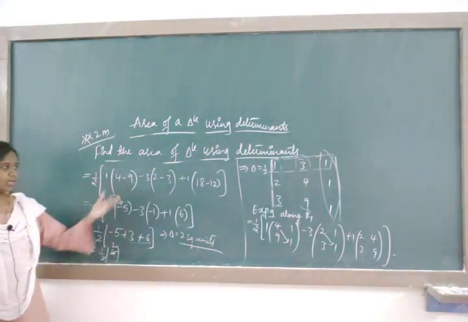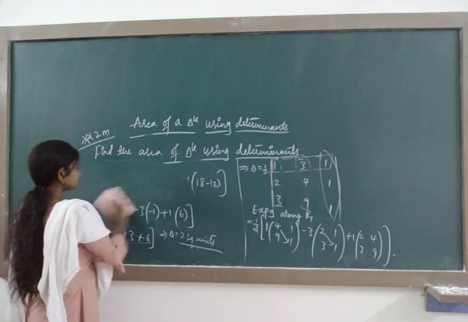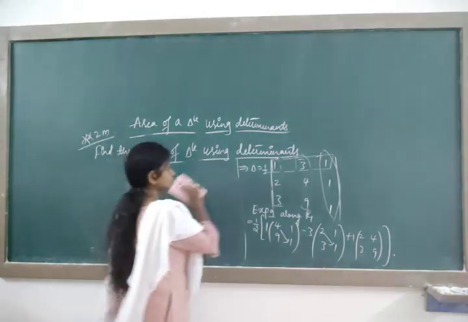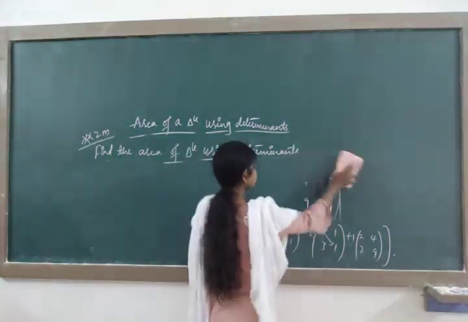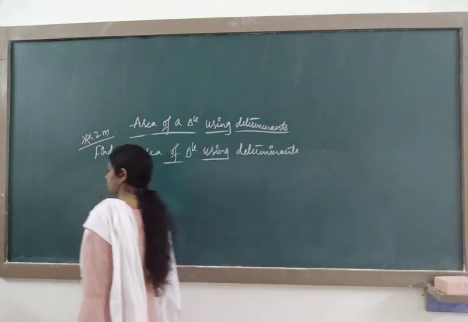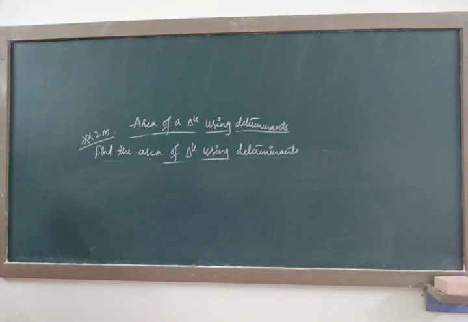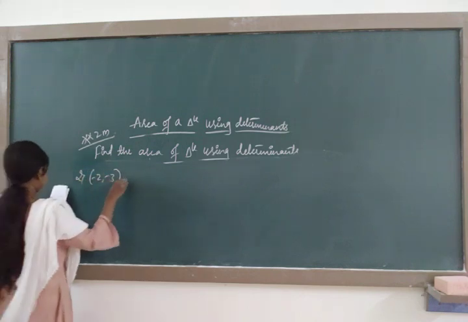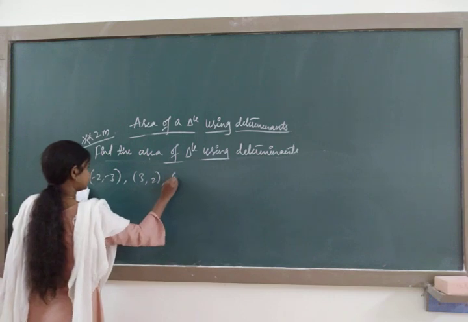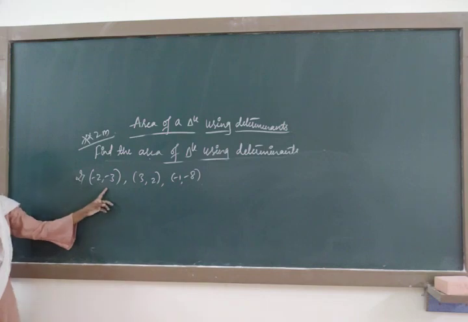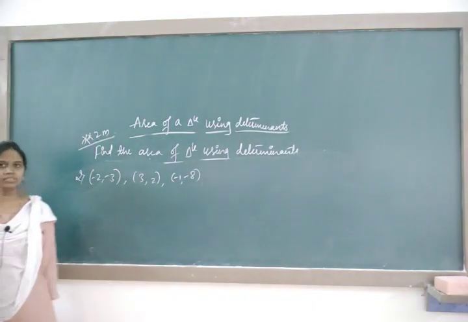Take one more problem with negative values. I will take these vertices: (minus 2, minus 3), (3, 2), (minus 1, minus 8).